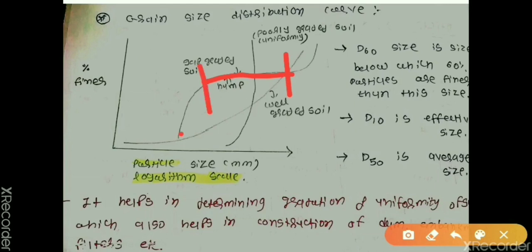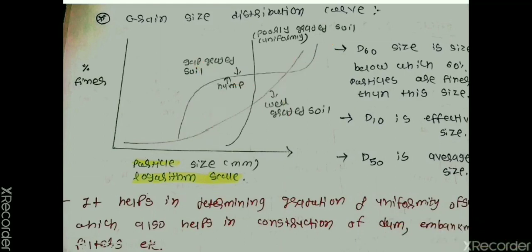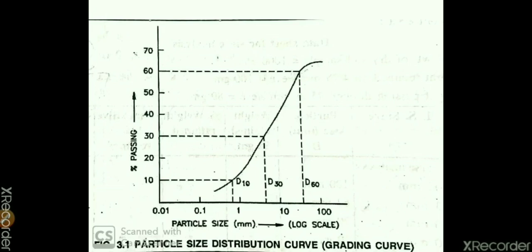This size is present and this size is present, but there is a horizontal portion which shows there is no particle size over this range. So there is a missing size over this range, a gap in between certain particle sizes. So it is called a gap graded curve or gap graded soil. It is also called hump.